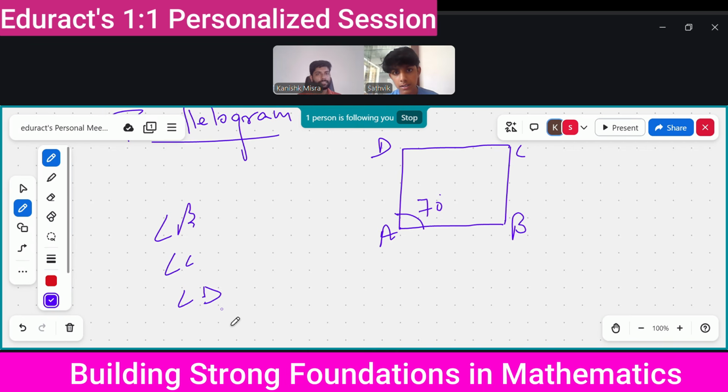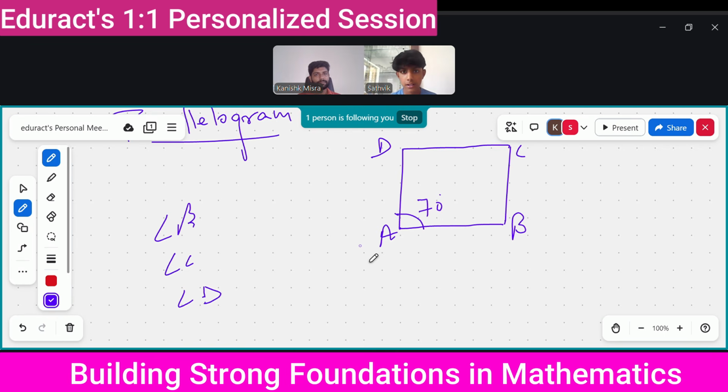Why? If you subtract 70 from 360, then what will you get? 290. No, which angle would 290 be? Again, you have to divide it by 3. No. Why have we learned so many properties of a parallelogram then? ABCD is a parallelogram. You have been given the measure of angle A. You have to find the measures of angles B, C and D.